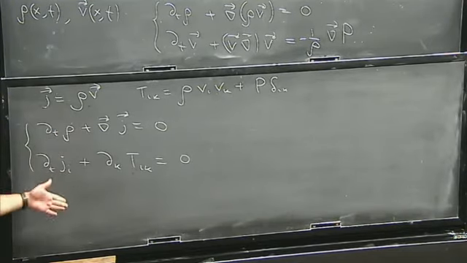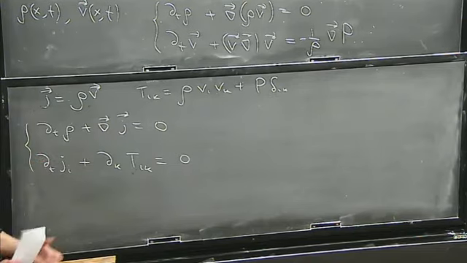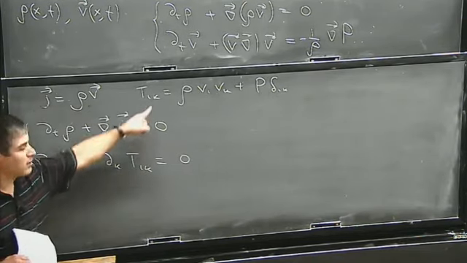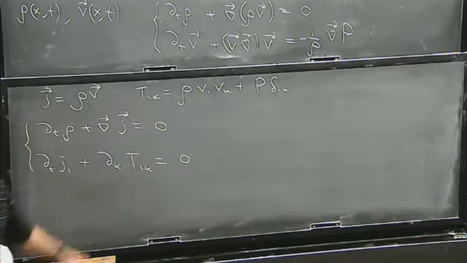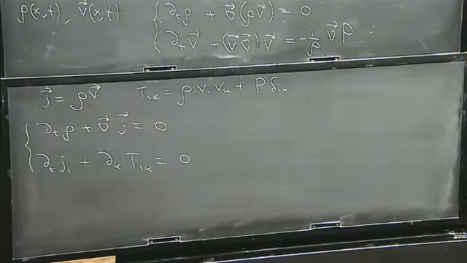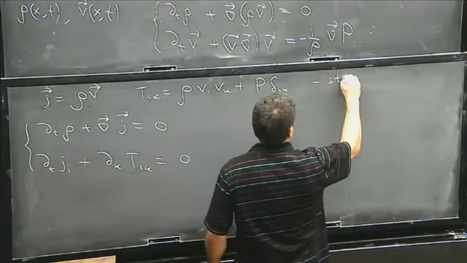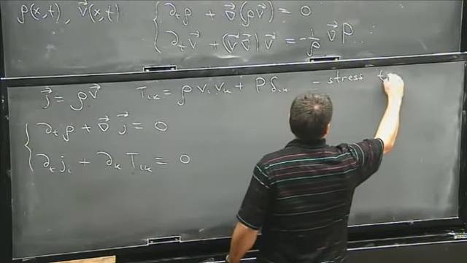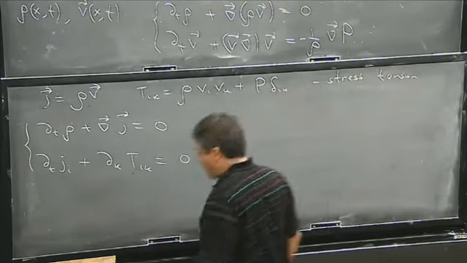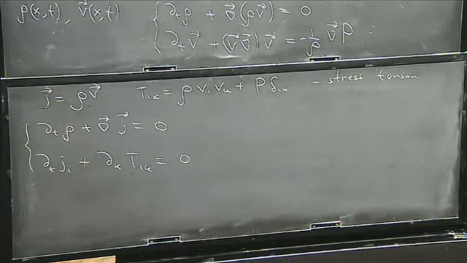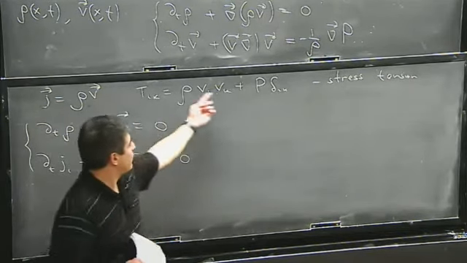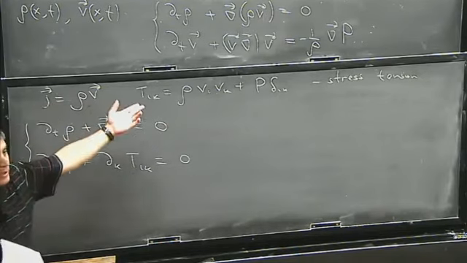We write conservation laws, and then all microscopics, everything else goes into the constitutive relations of how to express the stress tensor and everything else in terms of the fundamental fields, in this case, density and velocity. So this object is called the stress tensor. And this is sometimes called zeroth order hydrodynamics, because there are no derivatives in the constitutive relations.